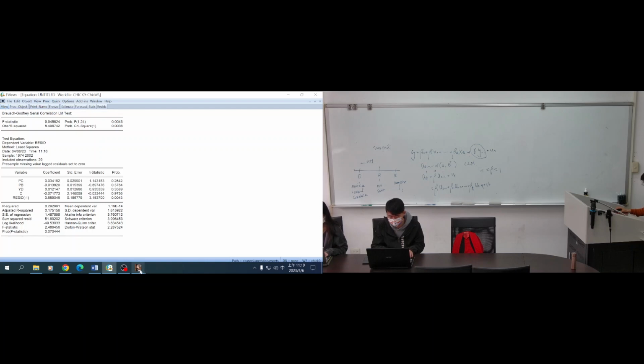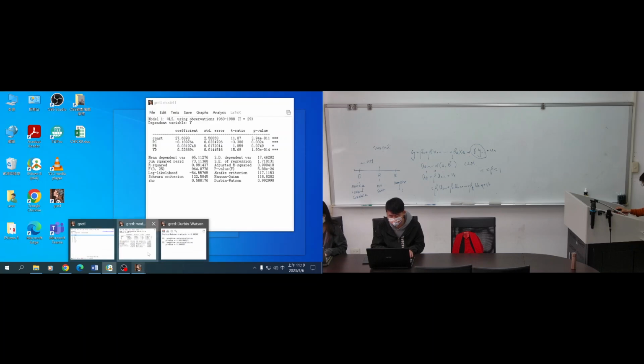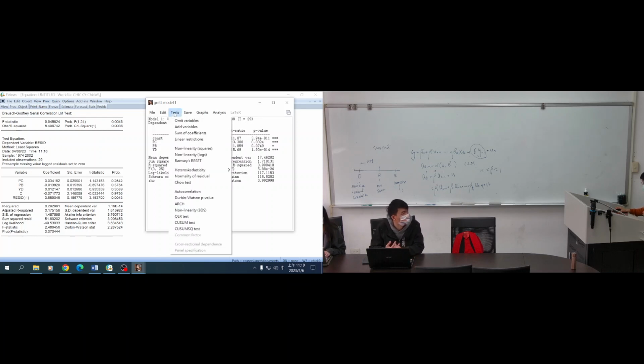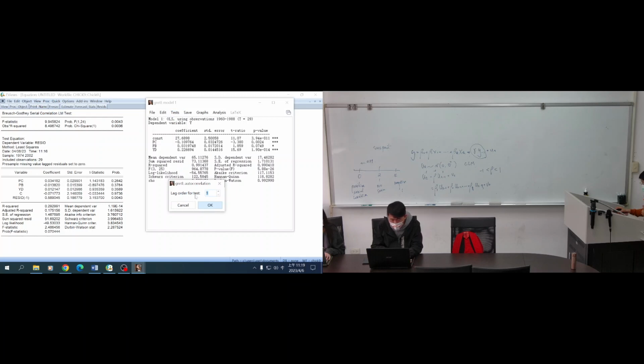And how about working with Gretl? If we work with Gretl, I can also use the test and autocorrelation. Did you see that? So choose autocorrelation, and I also use 1 since this tests the first order.